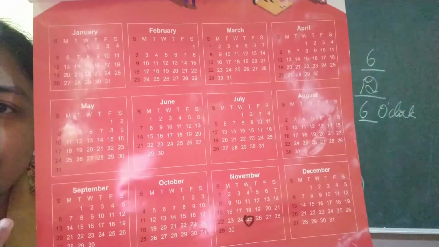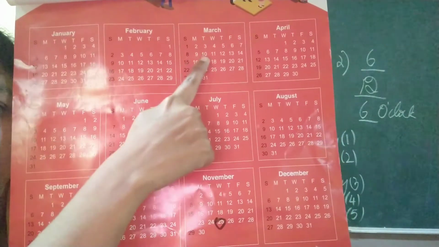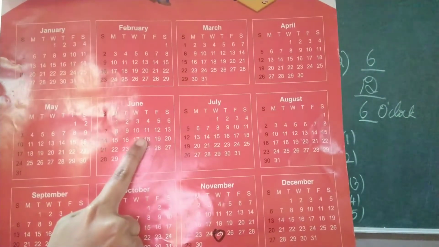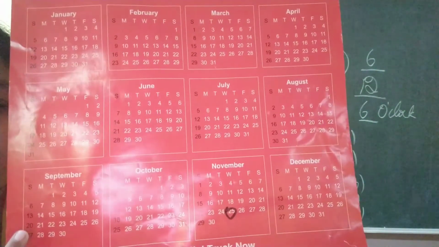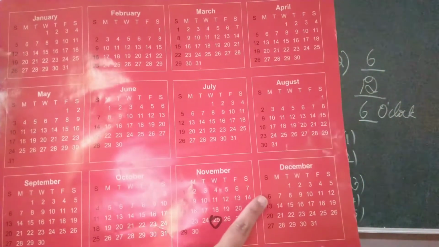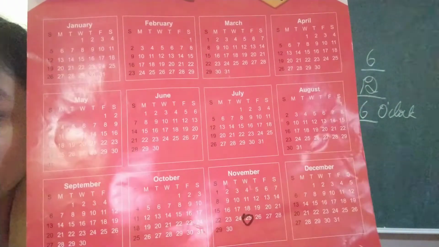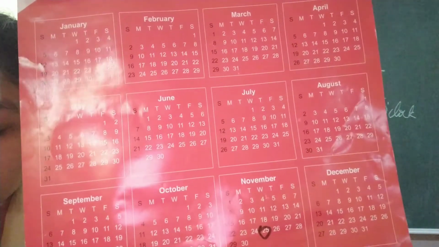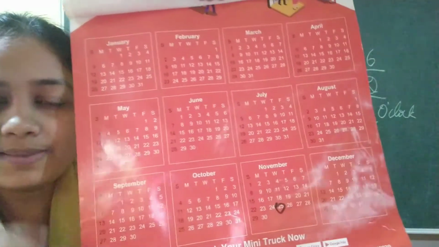So the 12 months shown here are January, February, March, April, May, June, July, August, September, October, November, December. So these are the 12 months which is in 1 year. So totally in 1 year you have 12 months.